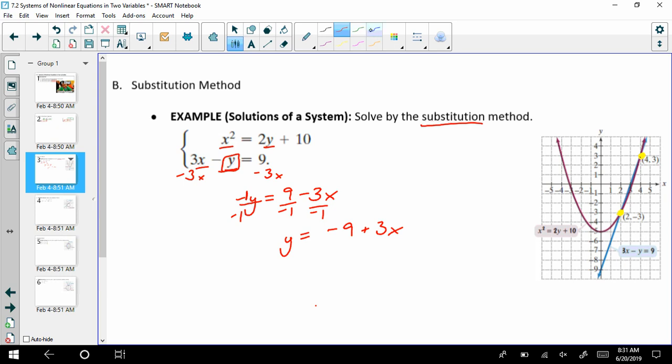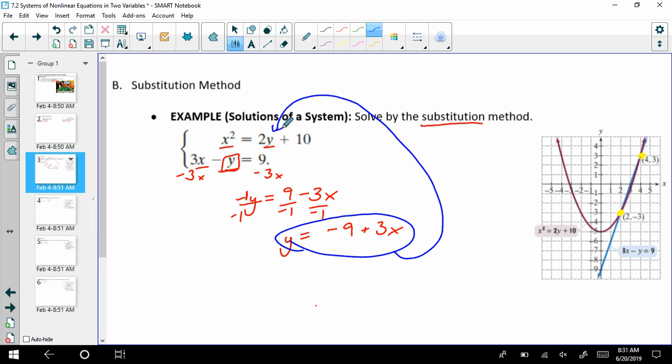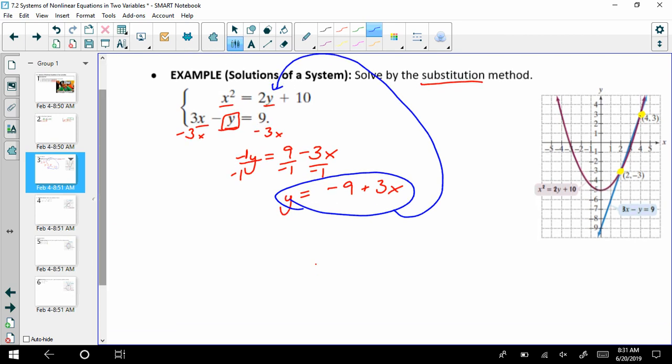Then remember, the whole reason why we get y alone is we are going to take that and substitute it into the y of the other equation. So I'm going to have x squared equals 2 times (-9 plus 3x) plus 10. I've replaced the y with what I said y was equal to.